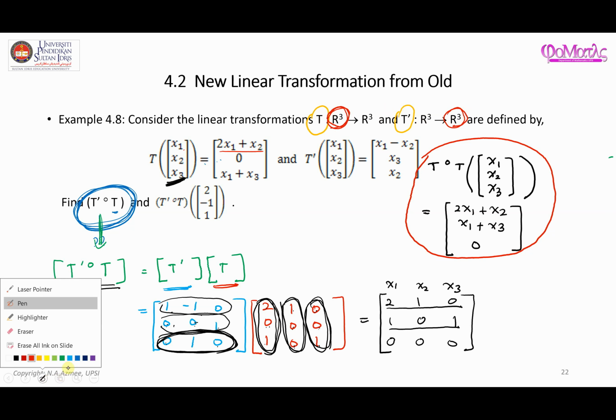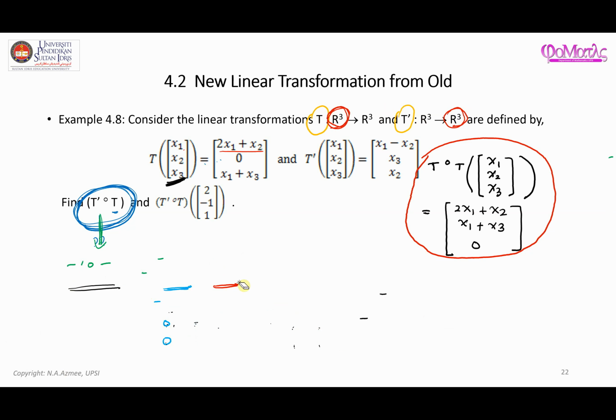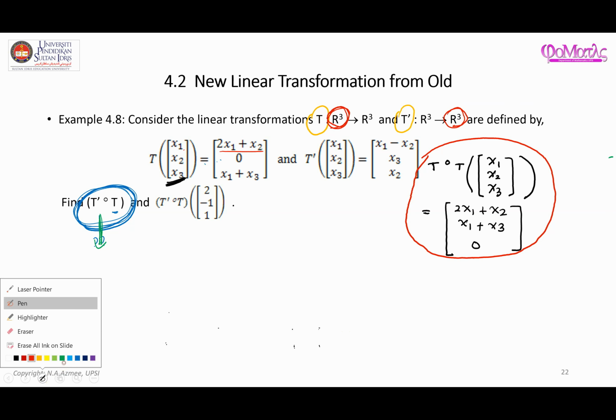Right. Next, we have solved the first part of this question. The next part is asking you to find what is the result if you are given this particular vector. So what is this result here?